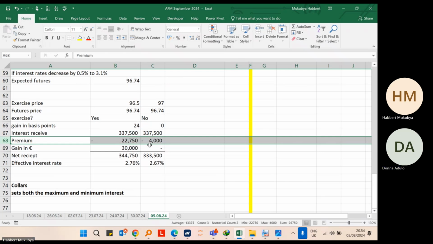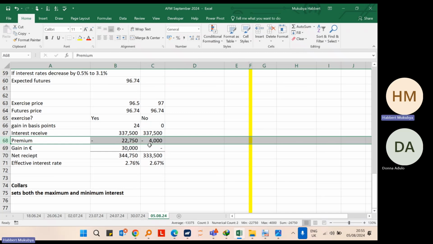So what people do instead is what we call buying a collar, whereby they sell and buy options, right? When you sell options, remember that somebody is going to pay you premium, and when you buy options, you pay premium.